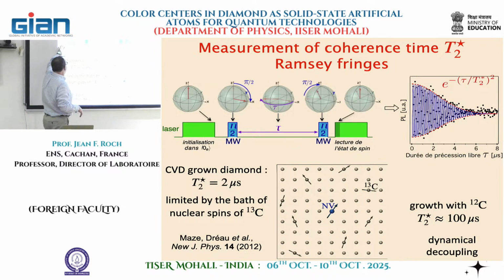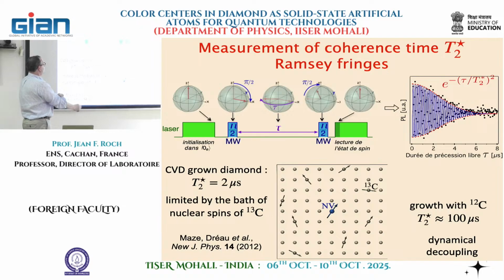We will prepare the NV in the MS equals 0 state, for instance, and then we apply a pi/2 pulse at a frequency that is resonant, for instance, with a transition from MS equals 0 to MS plus 1 or minus 1, by applying a small magnetic field that removes the degeneracy between the plus minus 1 levels, so that we can address one or the other of the two transitions.